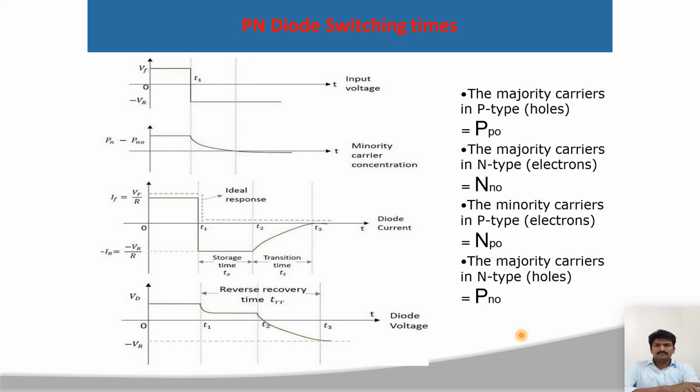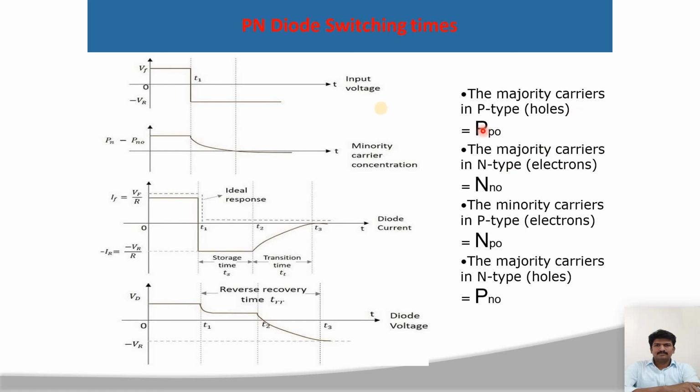That is the understanding of switching times. And even if it is currently working in the conduction state, when you change the polarity to reverse bias, it never goes back immediately into reverse bias. It takes some time to go back to reverse bias. That is the understanding of switching time.